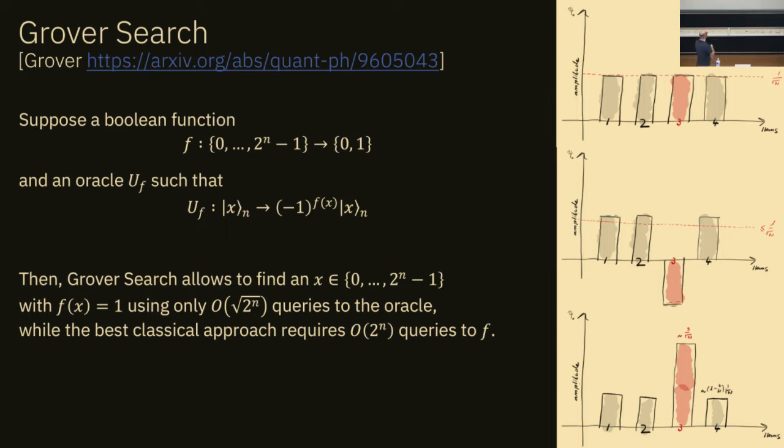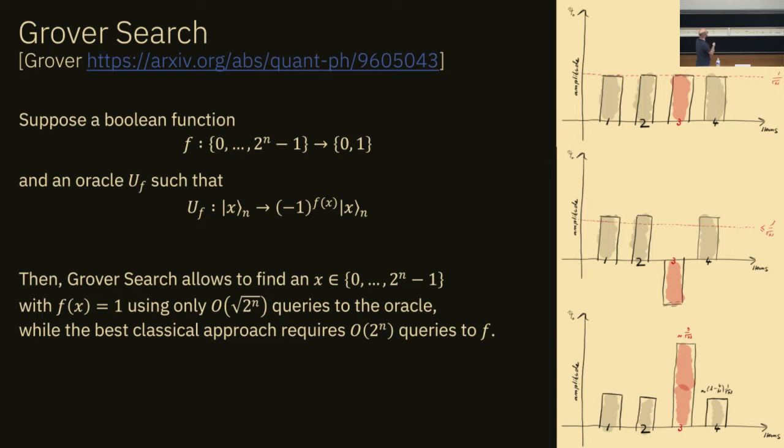So it flags all the states with a negative amplitude if f maps to a 1. Then Grover search can help you to find a state that leads to a 1 here, or -1 here, with square root of 2 to the n oracle calls, while classically the best you can do is 2 to the n oracle calls.